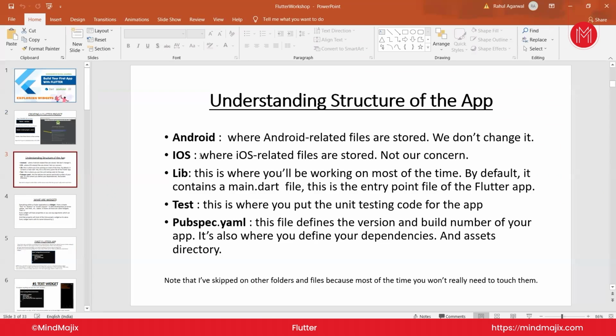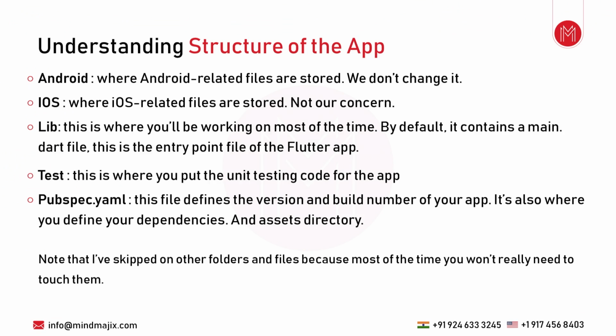We just have to remember that the android folder is where Android related files are stored. We don't change it a lot. We will just use it for some things like what will be the icon of your application on an Android device, what will be the name of the application, or very few things specific to Android or plugins, but not the whole course. Same with the ios folder.